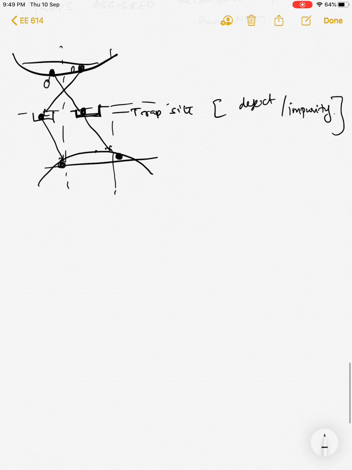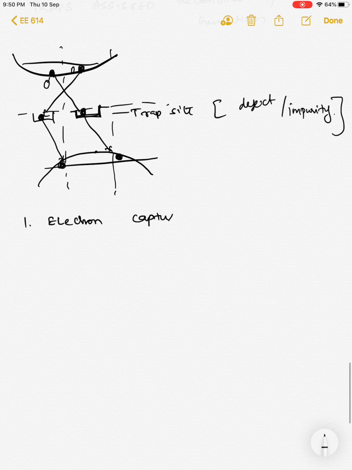First, let us talk about the electron capture. To know the rate of this trap assisted recombination, it has to undergo an electron capture as well as a hole capture to complete one full electron hole recombination.